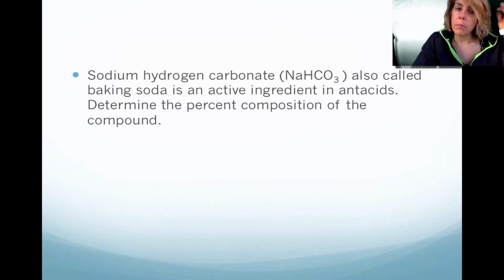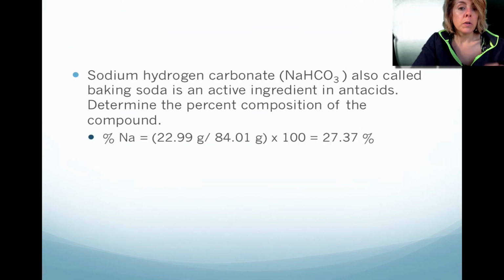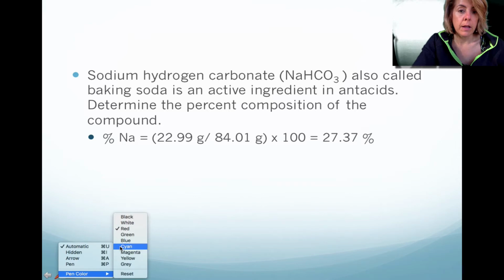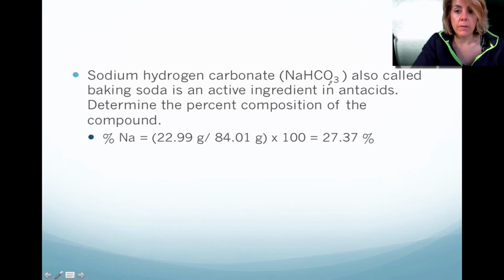Okay, so here's an example where you have sodium hydrogen carbonate. You find this on your shelf in your pantry. It's called baking soda. They want to know what is the percent composition of the compound. So we'll look at sodium, hydrogen, carbon, and oxygen, the mass percent of each. So you're going to take each individual mass and be careful because if there is a subscript, you need to multiply the mass of that element by the subscript.